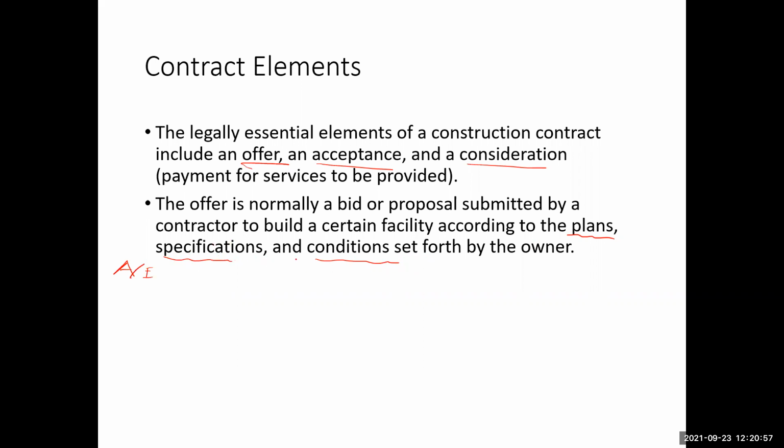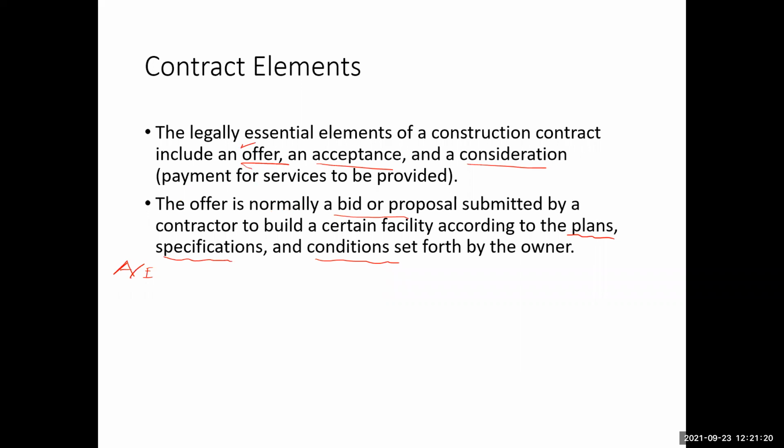Those documents will be provided to the potential contractors or bidders. The bidders will then submit a bid. That submission of the bid is basically an offer by the contractor.